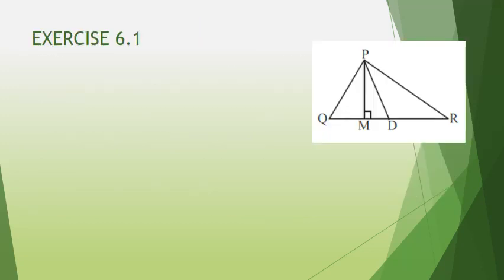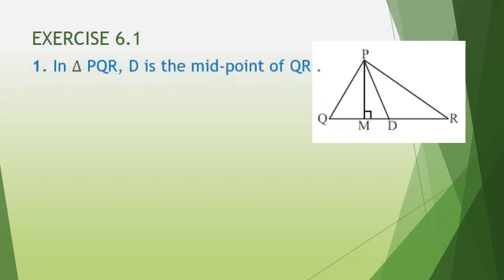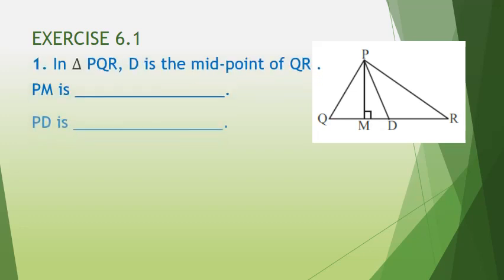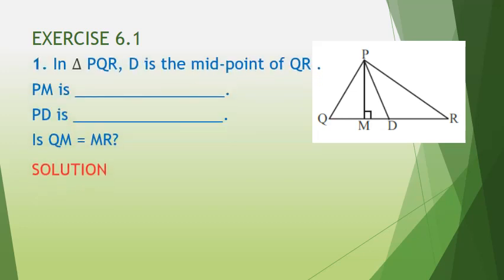Let's move to exercise 6.1. Our first question: in triangle PQR, D is the midpoint of QR. PM is dash. Look at the figure carefully. Triangle PQR is given and PM is the line segment drawn perpendicularly from the vertex P to the side QR.